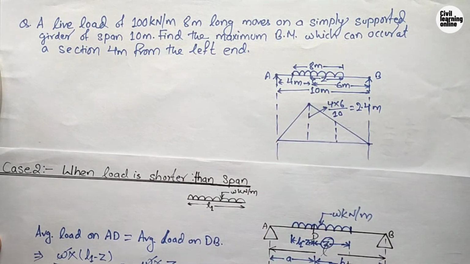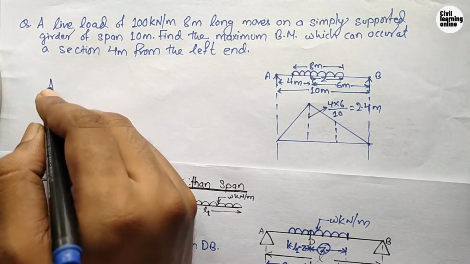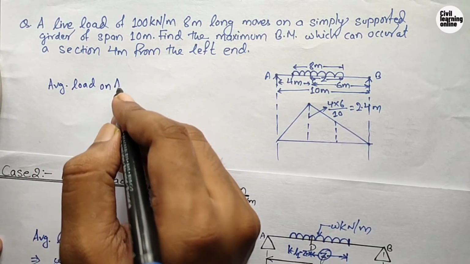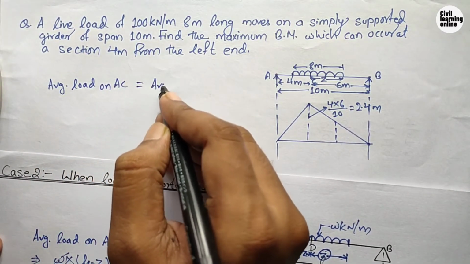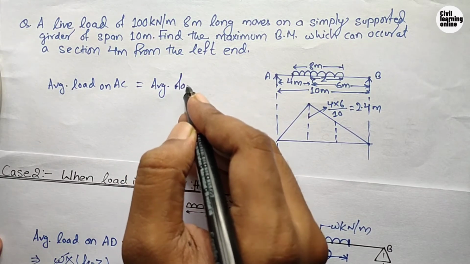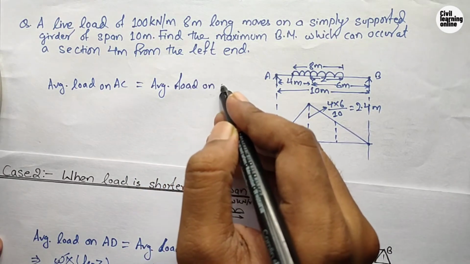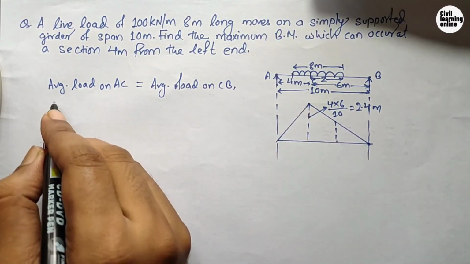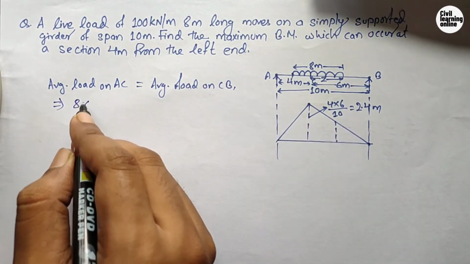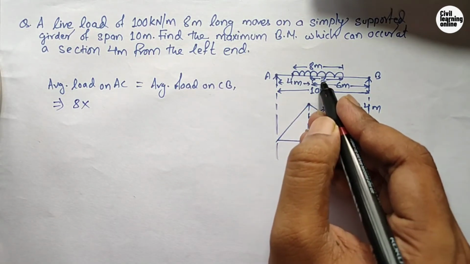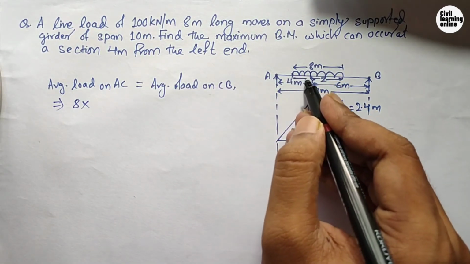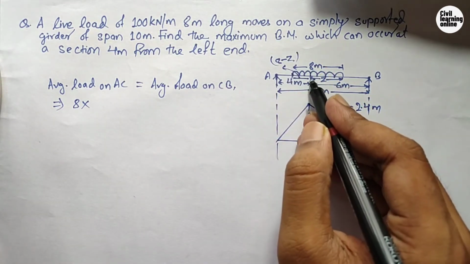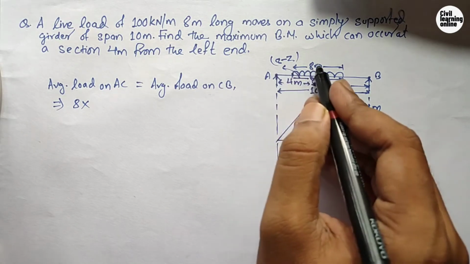So here we will write average load on AC will be equals to average load on CB. So average load on AC is going to be, load is 8 multiplied by the span of load on AC, which is going to be 8 minus Z. This portion is going to be our whole span 8 minus Z, because Z has crossed the point C and this much portion is still here and the whole span is 8.